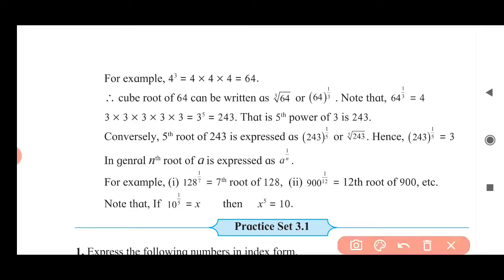For example, here suppose या ठिकाणी एक एक्झाम्पल दिलेलं आहे. For example, 4 raised to 3 has a 4 multiplied by 4 multiplied by 4 is equal to 64. तर 4चा क्यूब काय आहे 64.